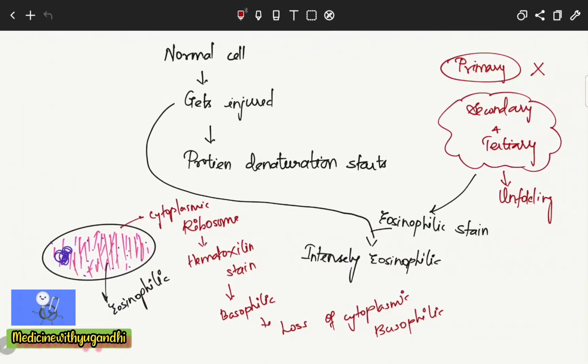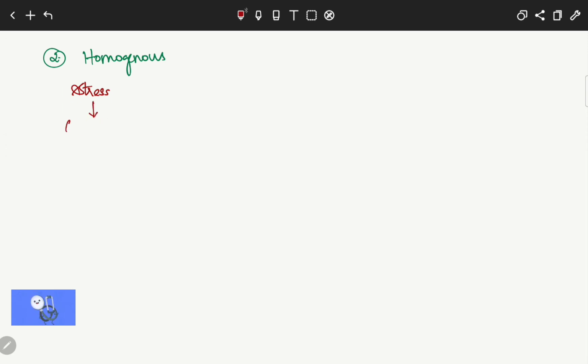Coming to the second feature, the injured cell is highly homogeneous. So what is the reason for the homogeneous appearance of an injured cell? Let us see briefly. Whenever a cell undergoes extreme stress, it will convert glucose into pyruvic acid and lactic acid.